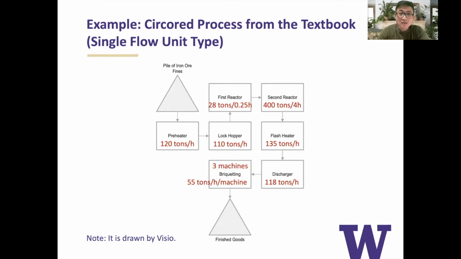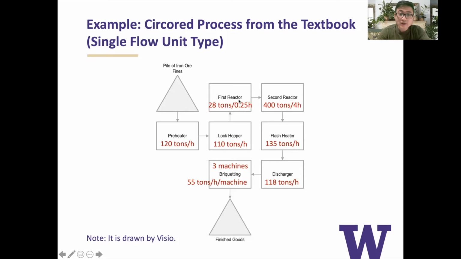Okay, so recall the circular process example from textbook. And let's assume that we are given the information of the capacity of each resource. For example, for preheater, it can handle 120 tons of ore per hour. And then for log hopper, it's 110 tons per hour.